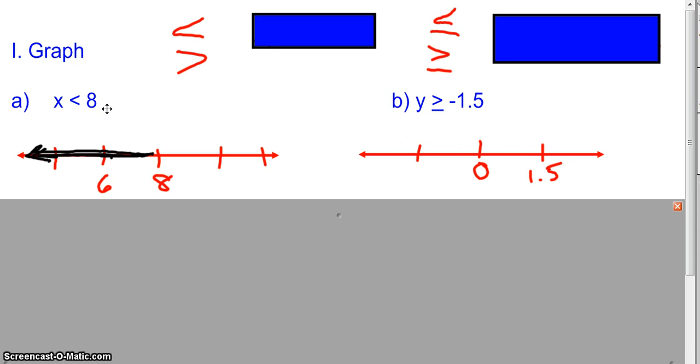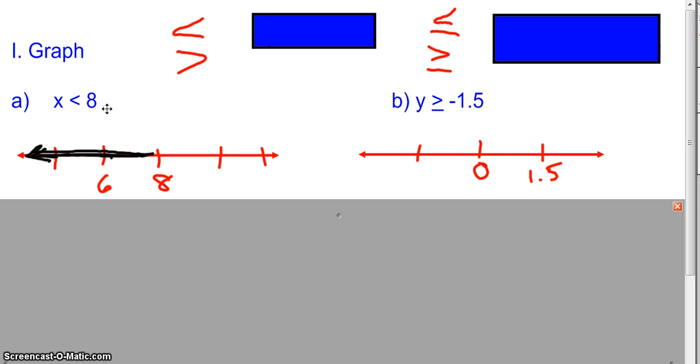Okay, left side. Now, is 8 a solution of this inequality? Is 8 less than 8? No. So we don't want to include that in the solution set. But it's like the boundary, right? It's the starting area, and anything just less than it is part of the solution set.